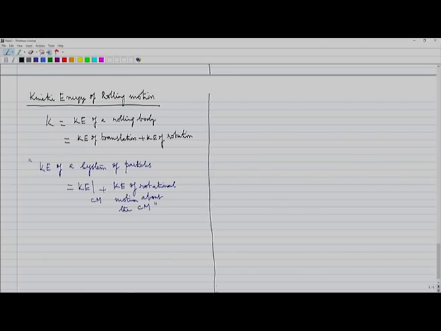So in the same way, the kinetic energy of a rolling body is equal to first the translational motion, if the mass is m, half m v cm squared, plus the kinetic energy of the rotational motion about the center of mass, which is half I omega squared.